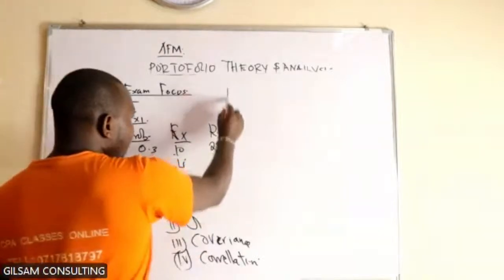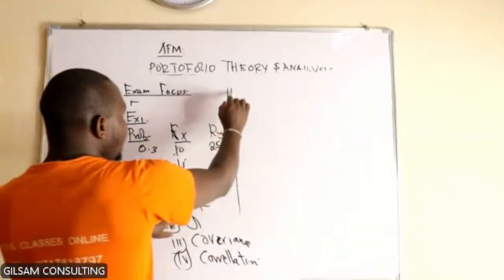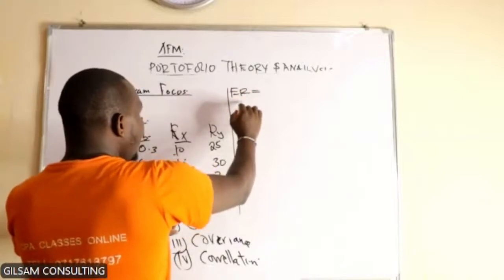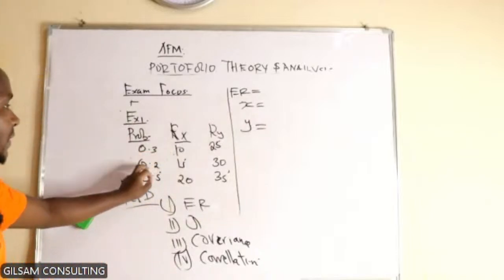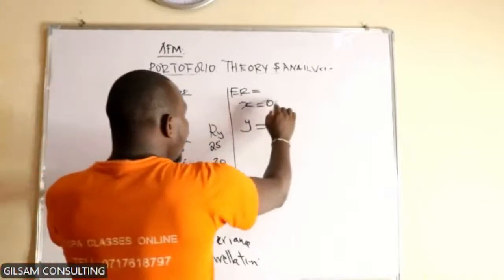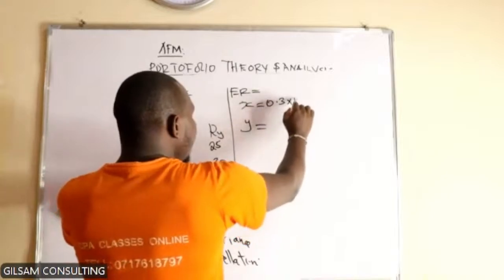Now, for us to get the expected return of x and y, we take the probabilities, 0.3, and multiply by the return.